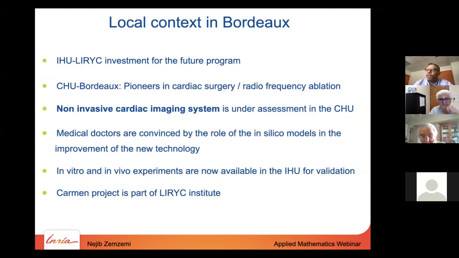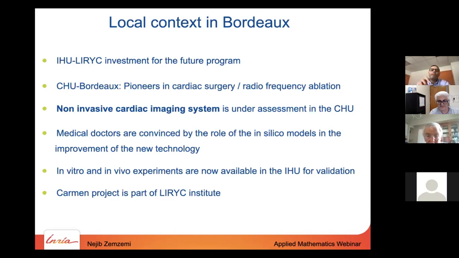It is one of the investments of the future program, promoted by the French government and the French National Research Agency, and they chose different centers in France which are pioneers in different fields.